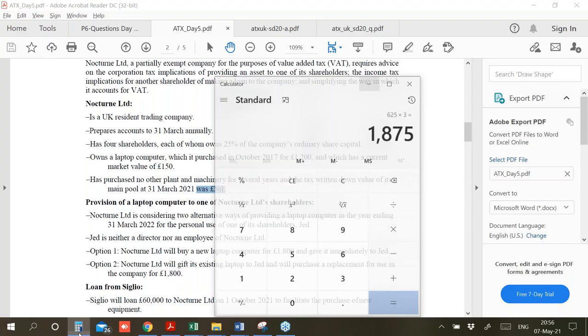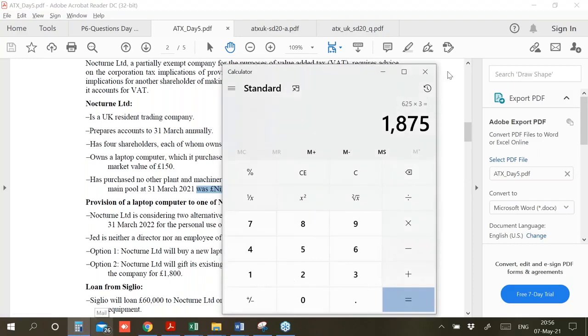So the net effect will be 1800 less 150. That is 1650. And on 1650, the company will be making 19% tax savings. That is 314. So 314 will be the company's savings.